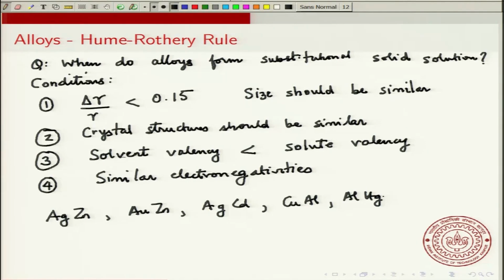There are several others, copper tin, very famous system. You could also have things like iron. Okay, I'll just stop here. There are several others, but these are the ones that obey the Hume-Rothery rule and they form good alloys.